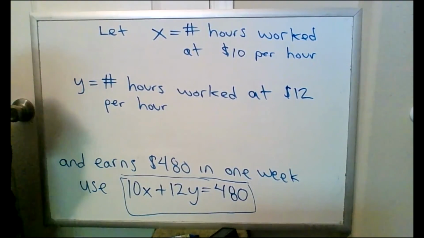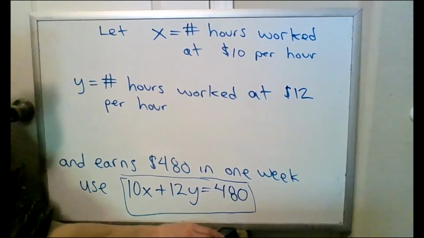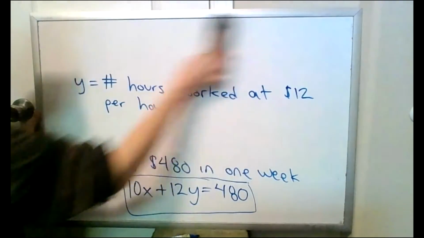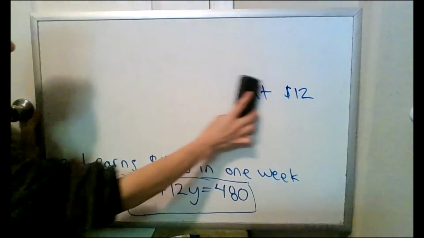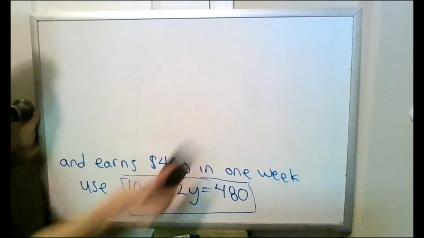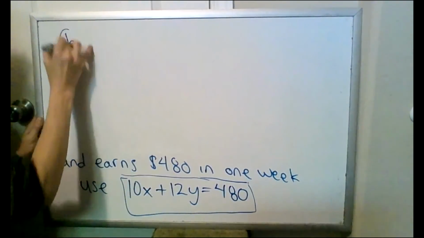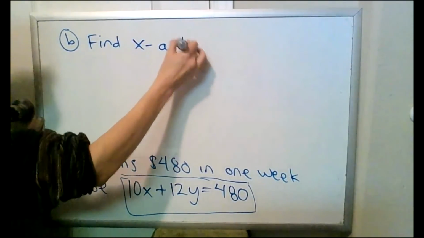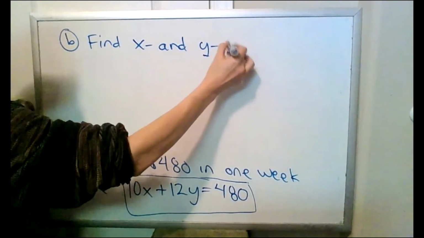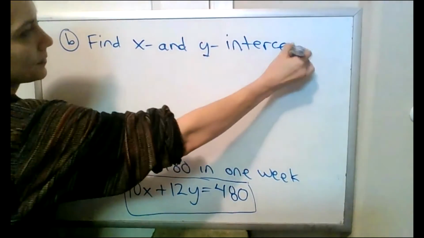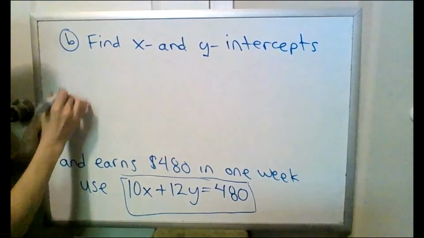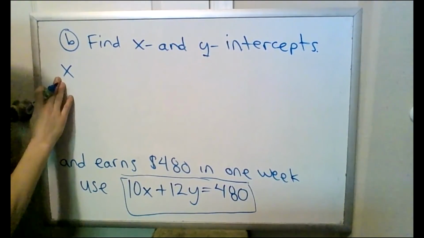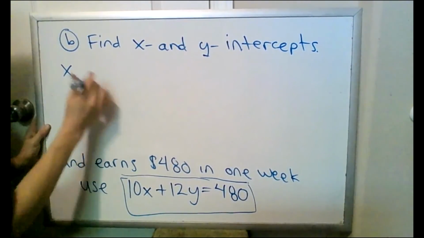Part B asks to find x and y intercepts. Okay, that's the end of the question. Starting to solve the problem. The x-intercept is when y equals 0.